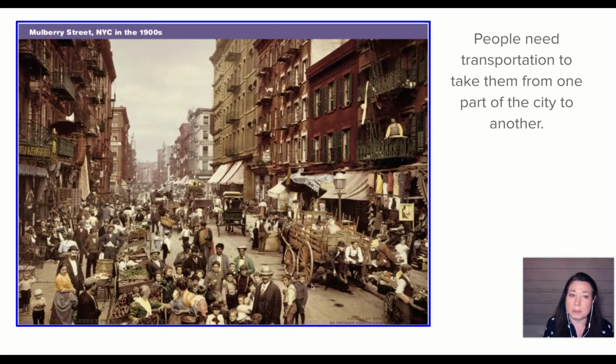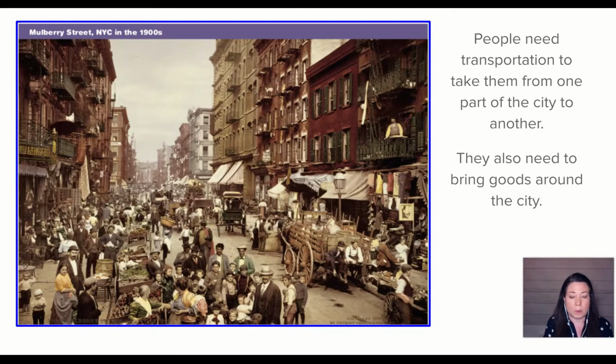People need transportation to take them from one part of the city to the other. How does the city solve that problem? This is one reason why transportation is so important in New York City, because it's very crowded. Not everybody can have their own horse and their own wagon, then there would be no room.